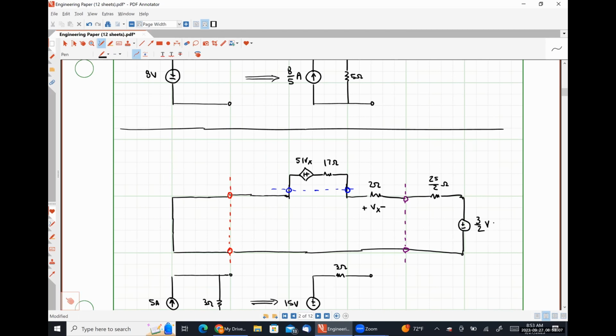So if we imagine a current that was flowing around the loop, either in a clockwise direction or a counterclockwise direction, it would have hit the positive polarity terminal of one of the voltage sources first and the negative polarity terminal of the other voltage source, which means they have the opposite polarities. So they subtract. That's correct. Yes, ma'am. All right, any other questions about the source transformation side of this lecture?